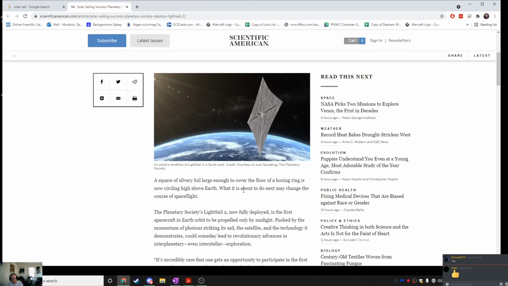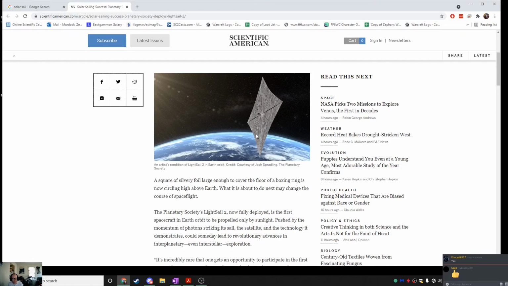It's a really powerful idea that you could have something that could move around the vast emptiness of space just by using light from the sun or a star. And it's conceivable that someday we may use something like this to travel to other planets.